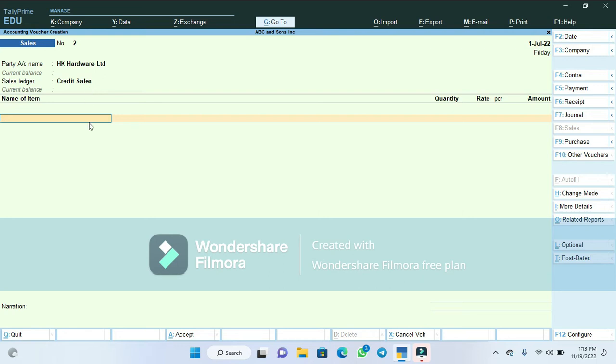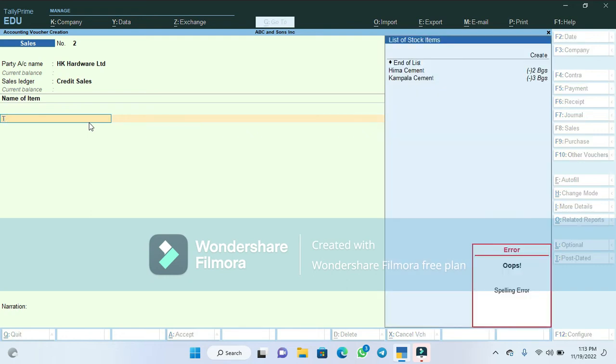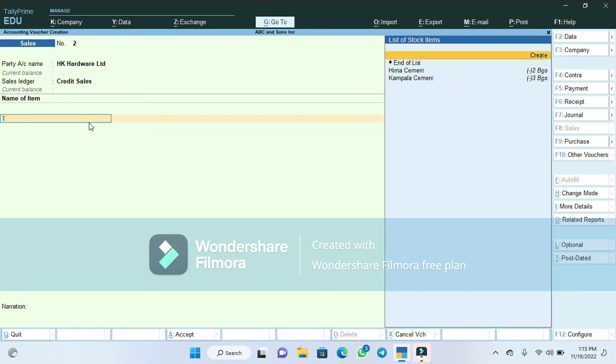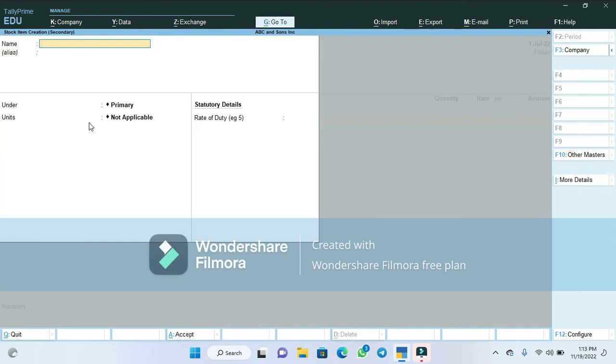Now another thing, let's see how to create a new item when you're here. For example, I'm typing trowels and they are not there. I can come here and create the item right from here.